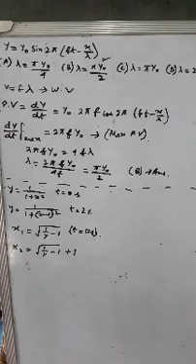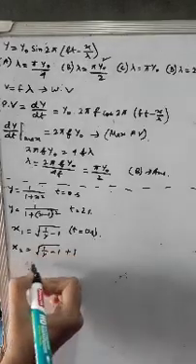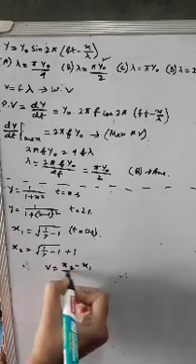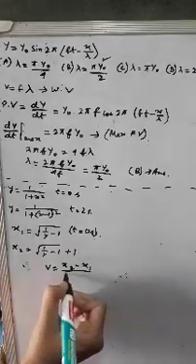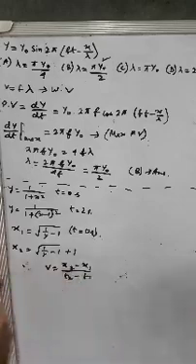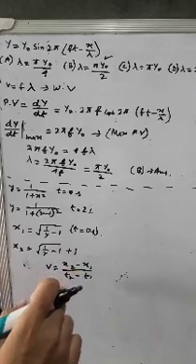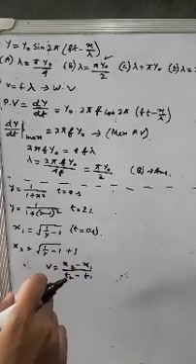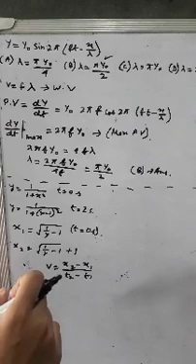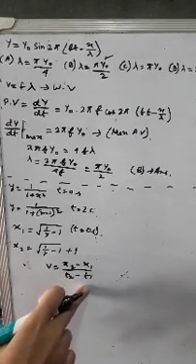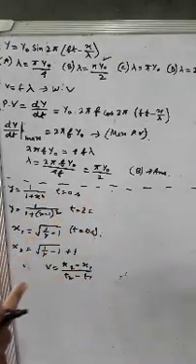So I'm writing here, because your question is what is the velocity of the wave, your v will be x2 minus x1 by t2 minus t1. Change of distance is x2 minus x1, and change of time means t2 minus t1. Why have I chosen this formula, students? Because t2 minus t1 you can get from the question, as the details are given.